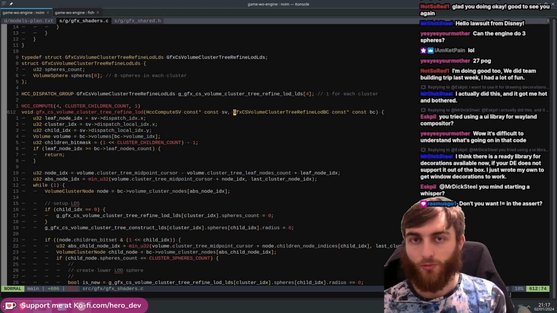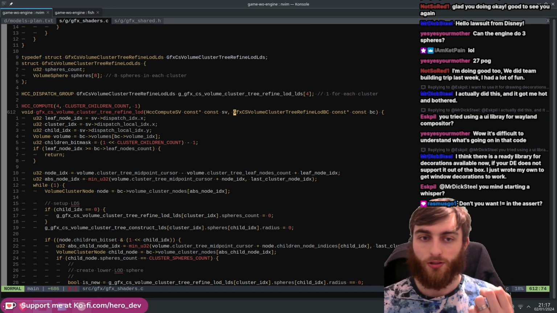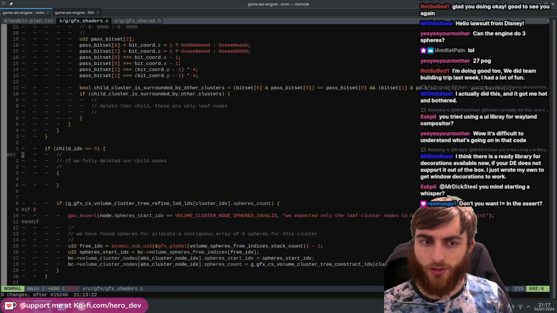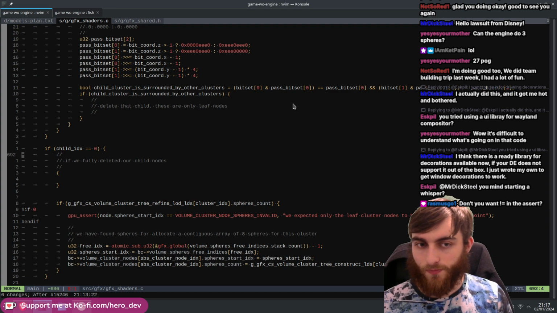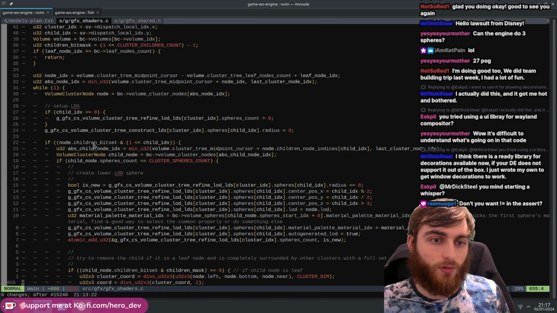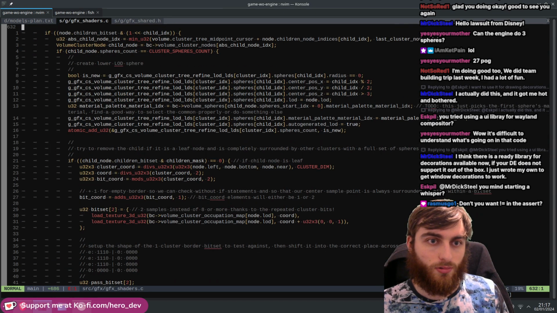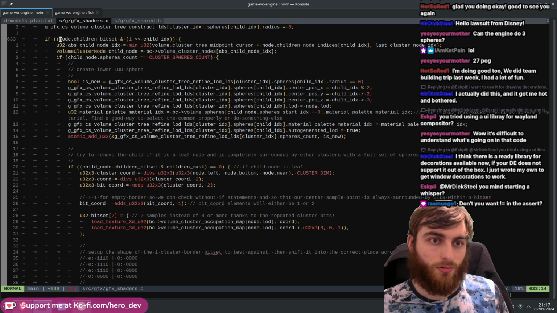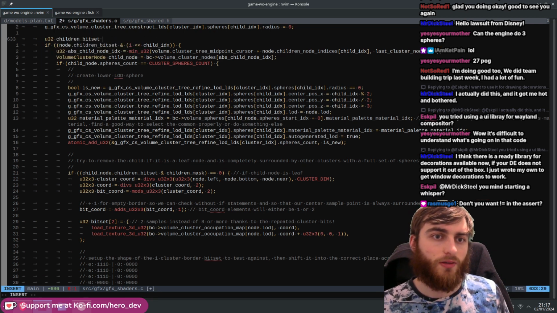So we could make a whole array of indices, but that would take memory. Or we could simply just mutate the node. So you can mutate the node and say what child, so maybe you have the children bit set equal this one here, right?